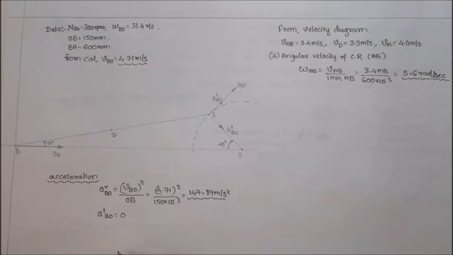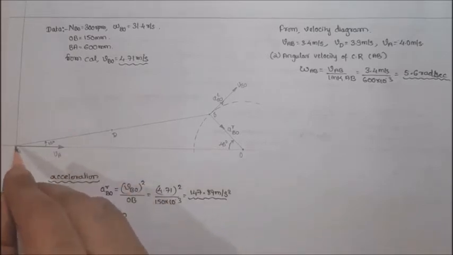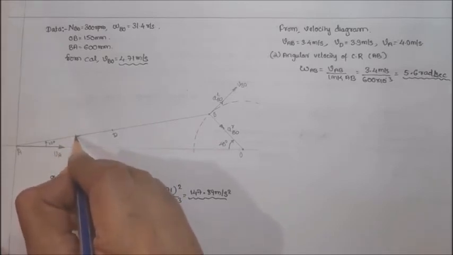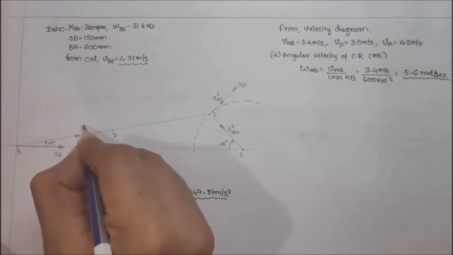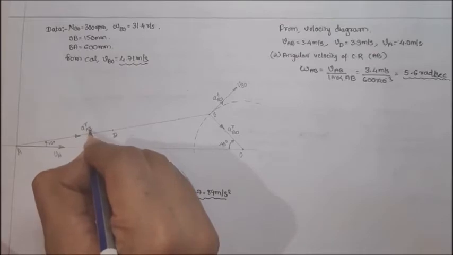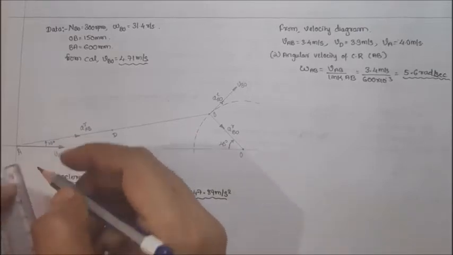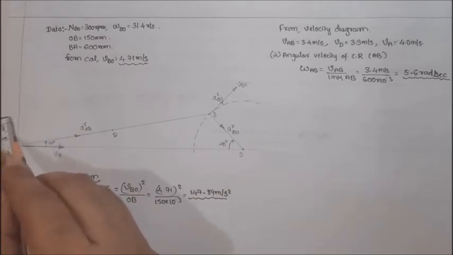Next, we require to find out the next one. So which one we require to find? We require to find out the radial acceleration of connecting rod AB. So it will be towards this one. So radial acceleration of AB here. Then tangential, where will it be coming? Tangential will be coming 90 degrees to this particular point. So the direction will be upward.